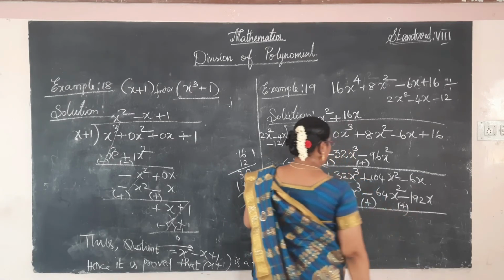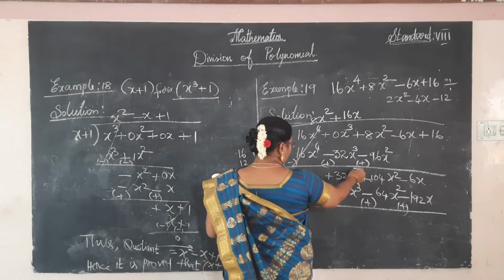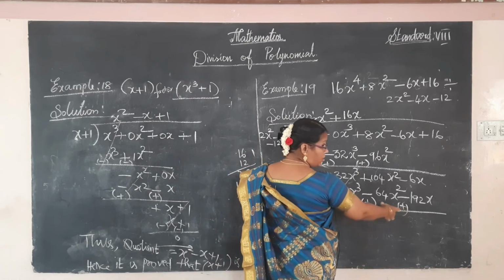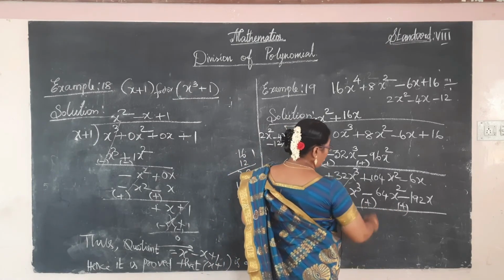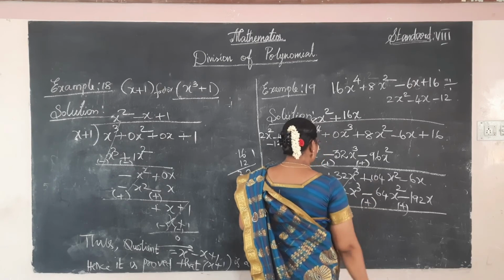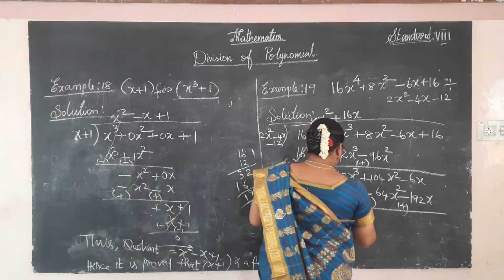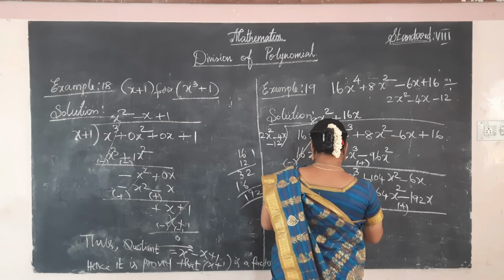Okay, now change the sign to the additive inverse. So this term will be cancelled. We consider only the signs within the bracket. Here plus, here also plus, both having the same sign. What do we do?